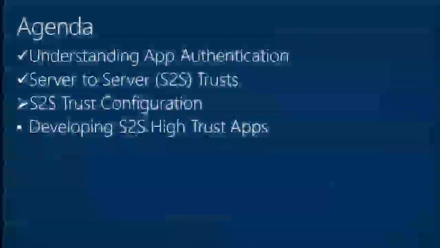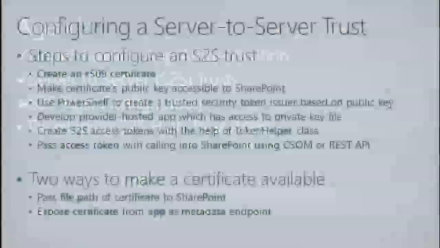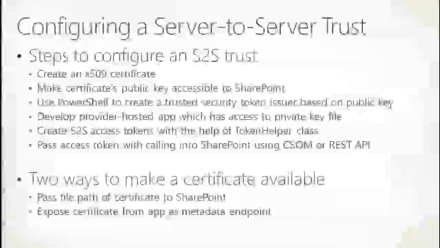Okay, let's move into a little PowerShell. So, we're going to require explicit steps to configure the S2S Trust. So you have to create an X509 certificate, and I'm going to show you how to create one for testing.